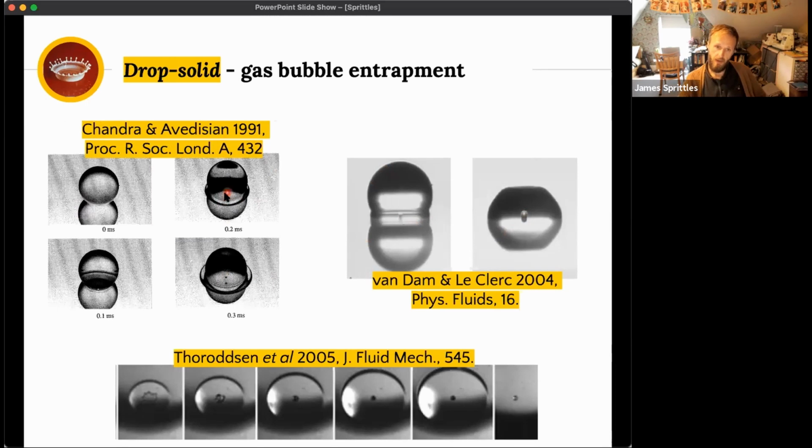Firstly, the impact causes some cavitation to create a bubble, or secondly, the correct explanation, that the droplet deforms underneath due to the layer of gas acting as a kind of cushion, and as a result, a bubble is entrapped. And there are follow-up articles which begin to explain this phenomenon more clearly.